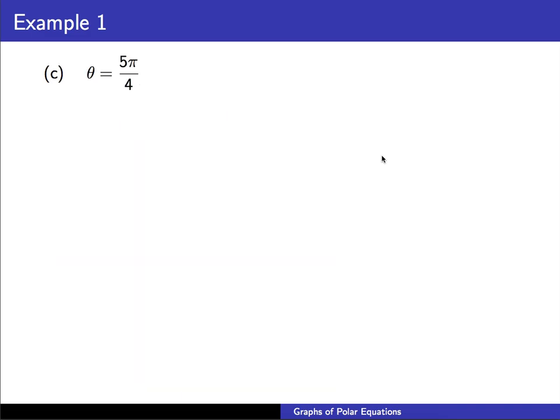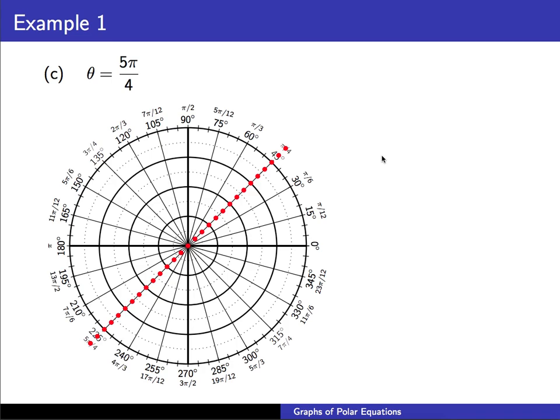Part C, we have theta equals 5 pi over 4. In the last section, we saw how to convert this to rectangular form, but here, it's going to be a line, so it extends infinitely in two directions.